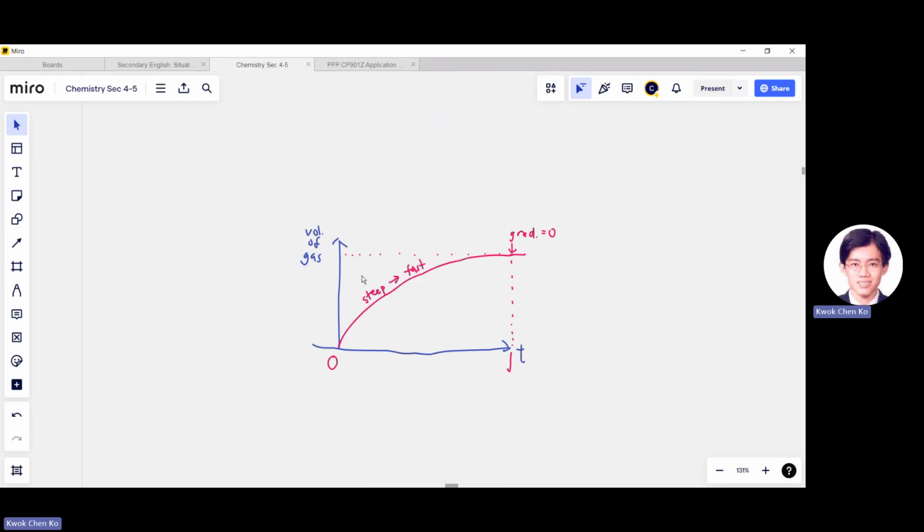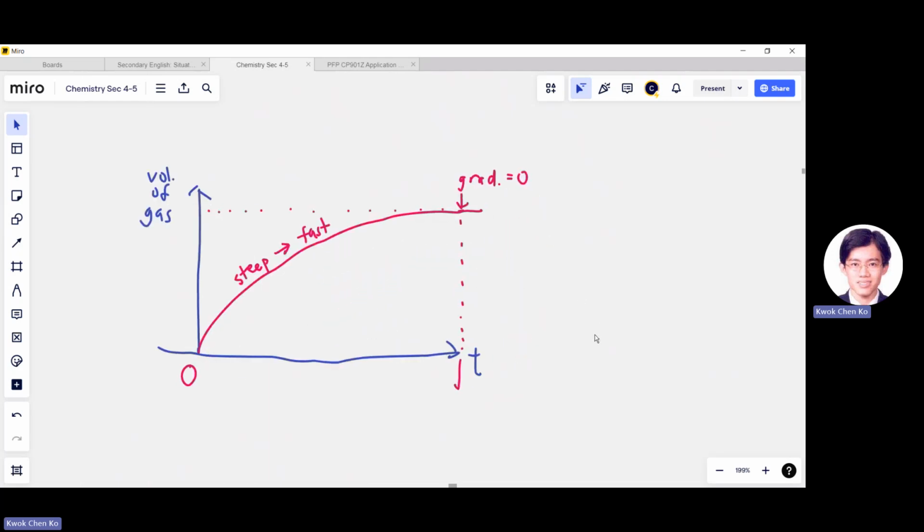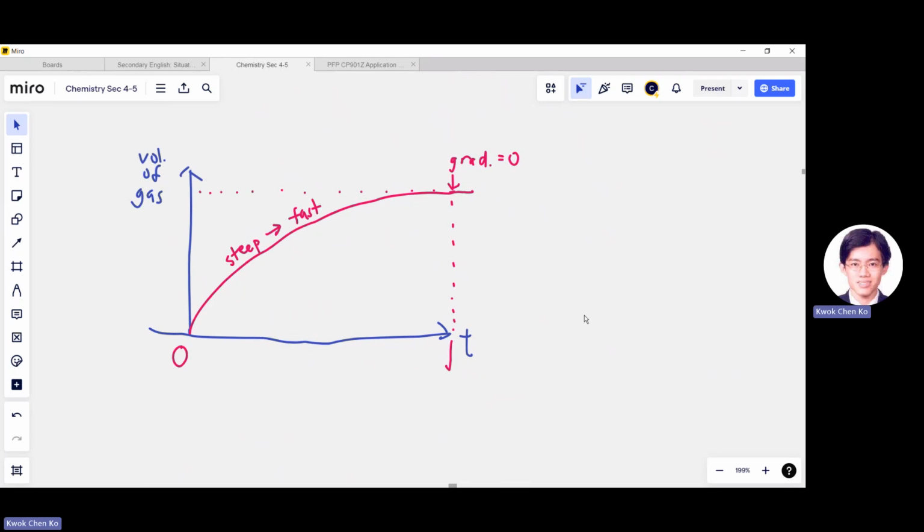You have to use gradient. But there are two kinds of speed of reaction. You better look at the question. One possible question: calculate, from the graph, the average speed of reaction.